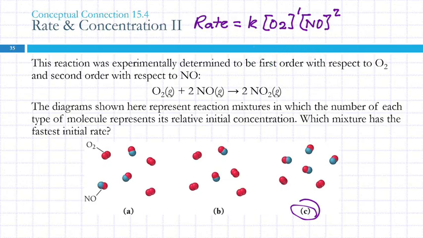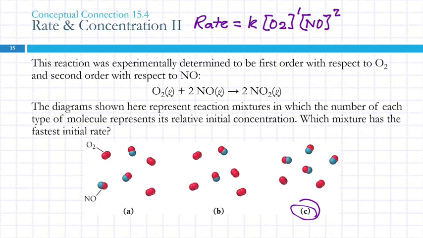If they were both 2 or both 1, then this one would be the fastest. But because we have more NO here, and that's squared, this one's going to be the fastest.